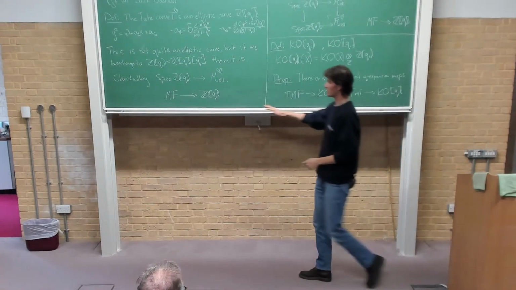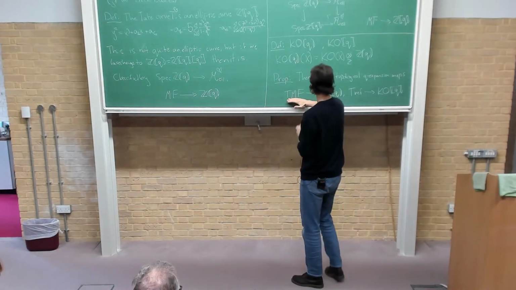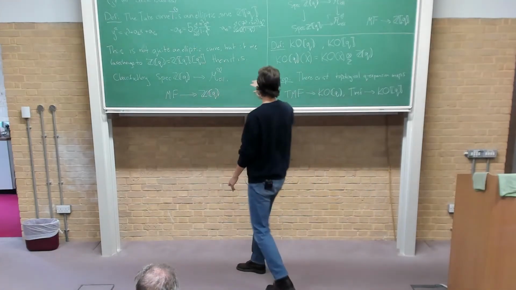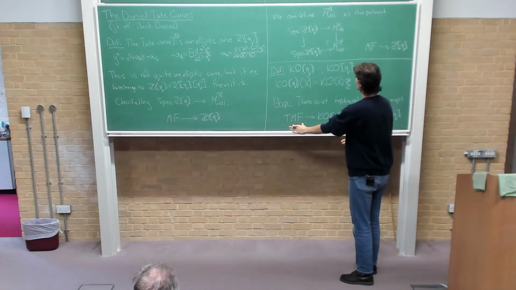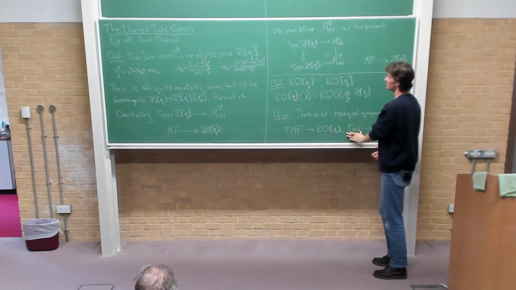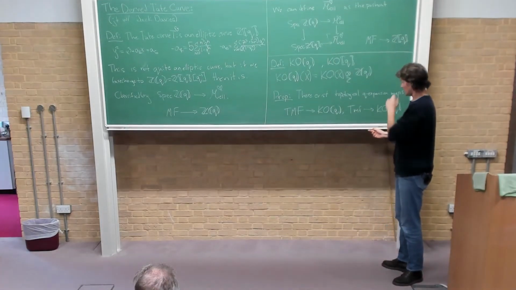So these rings of modular forms admit enhancements to spectra, these so-called topological modular forms, and also these q-expansion maps. In both cases, this is essentially the global sections of some spectral version of this stack, and here similarly, we expect this to be global sections of some spectral version of this stack.